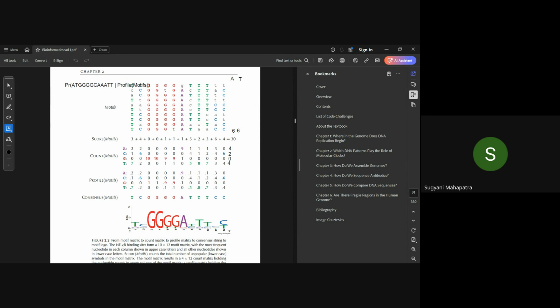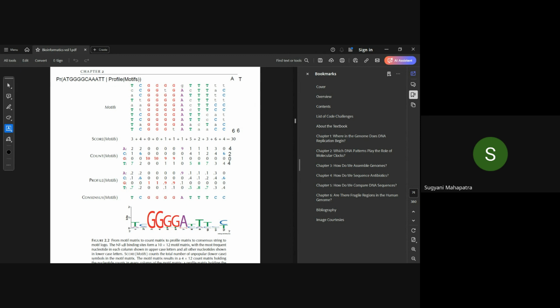So basically this means, what is the probability that this particular string is the consensus, given the profile of motifs. What we have to do is assume that each of these positions is independent. So we just need to find the probability of this nucleotide at that particular position and multiply them.